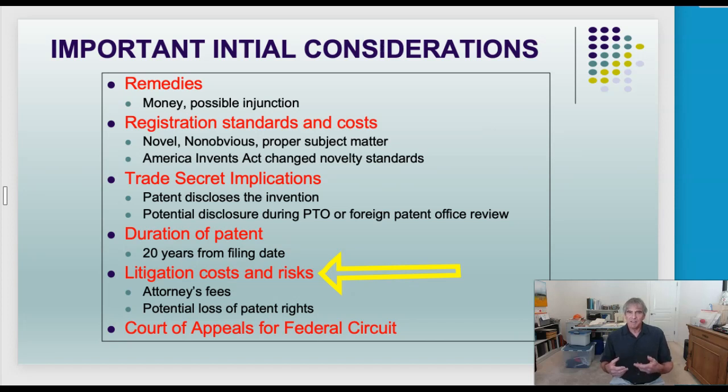So let's say you pay the money, cross your fingers, and everything goes great at the PTO, which then issues the patent. You may think, oh boy, now I'm golden. Well, yes, things are better, and maybe you can let your breath out a little bit. But you certainly can't totally relax, because lots of things can still go wrong.